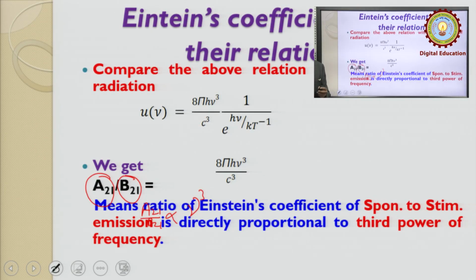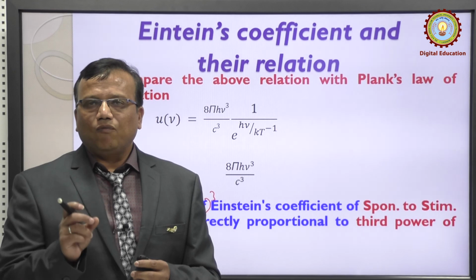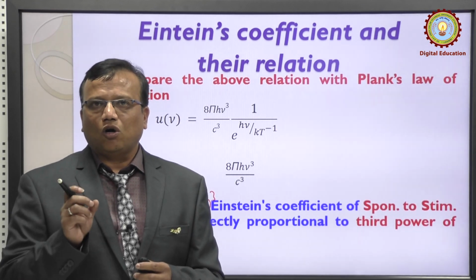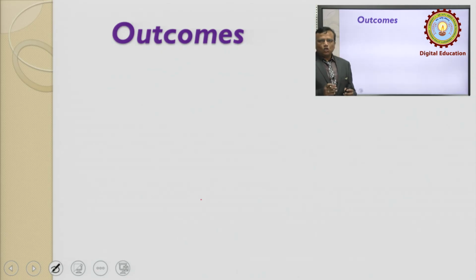In this way we can find out the relation between the Einstein coefficients. First we saw that the Einstein coefficient of induced absorption is always equal to the Einstein coefficient of stimulated emission. And now we have seen that the ratio of the spontaneous to stimulated emission coefficient is proportional to the third power of frequency.